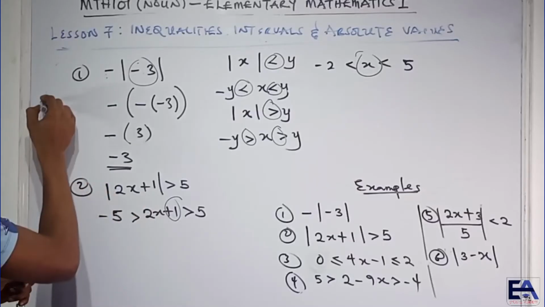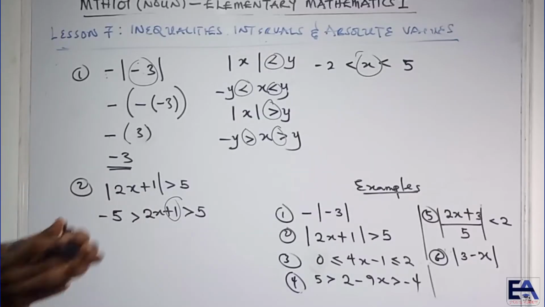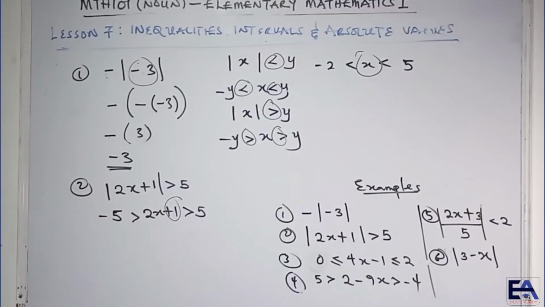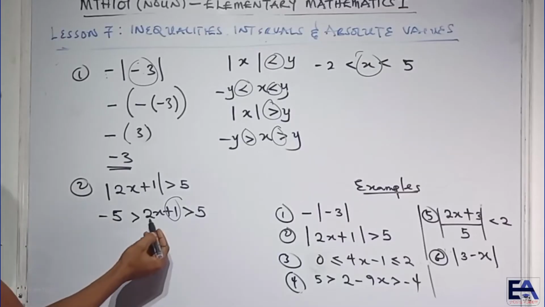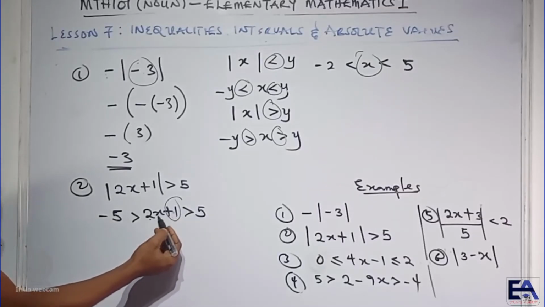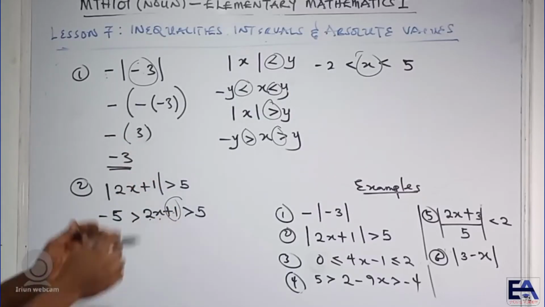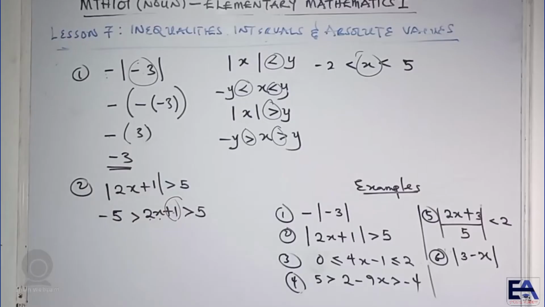In the rule of BODMAS, we have bracket, division, multiplication, addition, and subtraction. So multiplication came before addition and subtraction, right? But because I'm coming from the back forward, I'm going to sort out the addition part of it, then the multiplication part of it, because 2 is multiplying x, but 1 is adding to 2x. So let's deal with this one first. Then when we deal with this one, we come to that of multiplication.